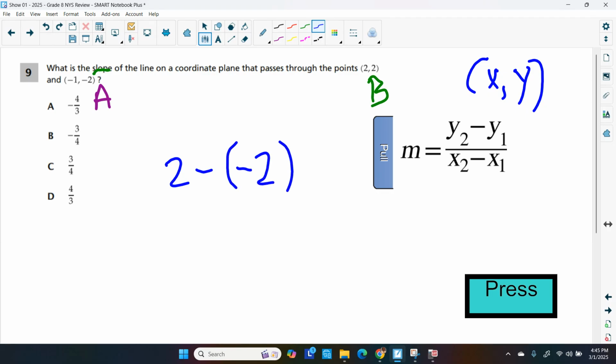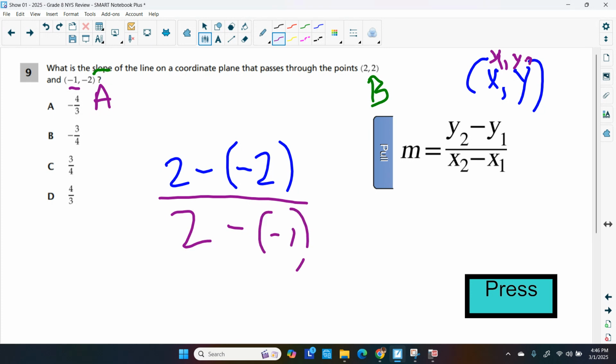Good thing we have calculators that will help us out. And now, my x's, since I started with this y first, this will be my x first. So it'll be 2 minus, here's my second x over here, -1. And now it's all calculator work.